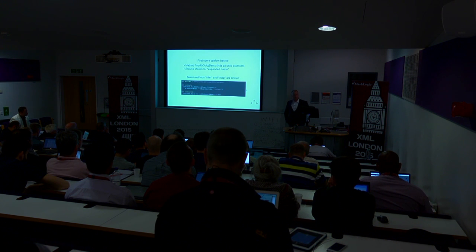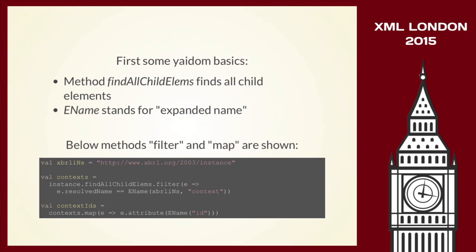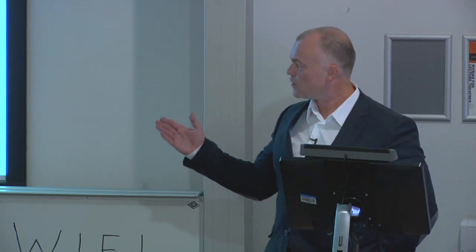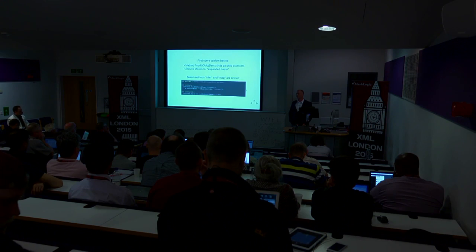We have a variable XbrliNs, which holds the XBRL instance namespace. We have the contexts, which are defined as follows. We take the root element of the XBRL instance, we find all the child elements, and then we filter, keeping only those elements that have the name context in the XBRLI namespace. Now this is very verbose code, but believe me that it can be written far more briefly.